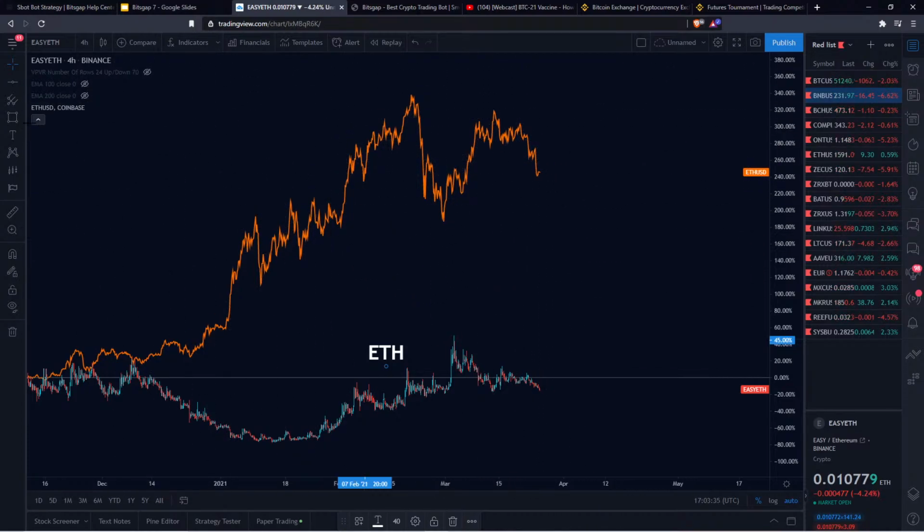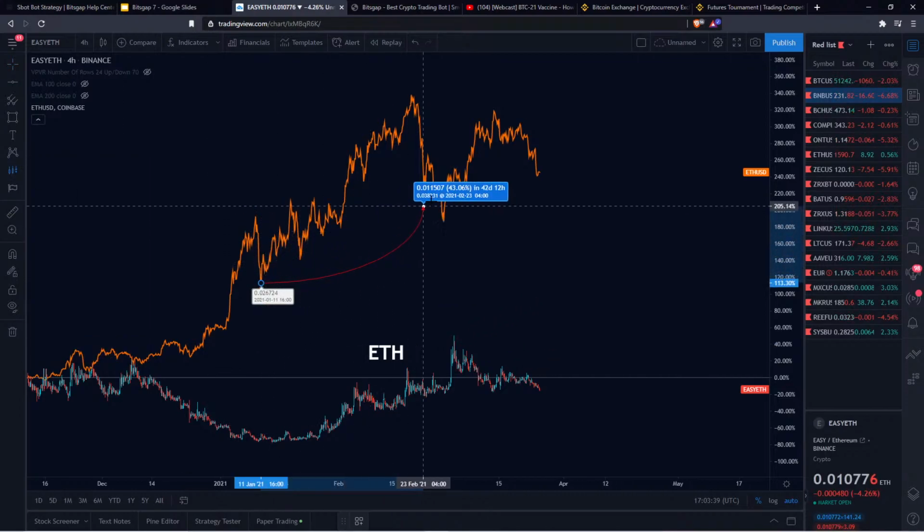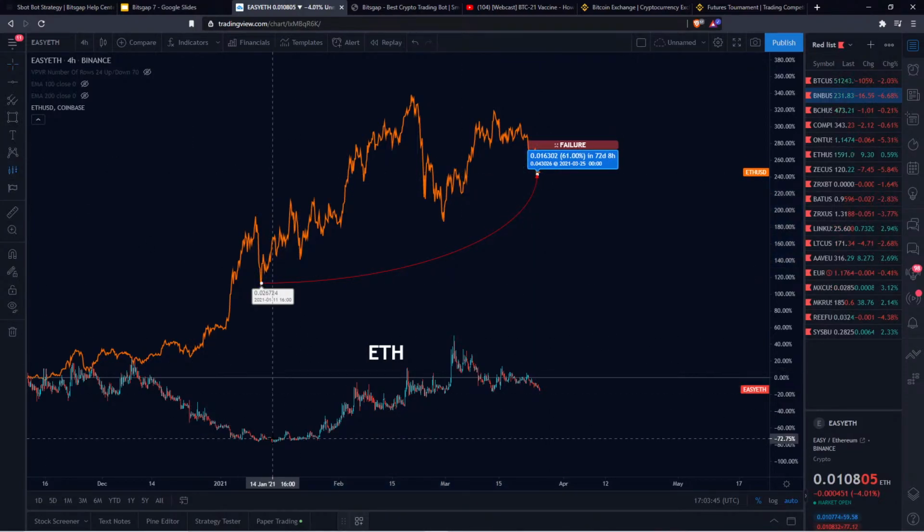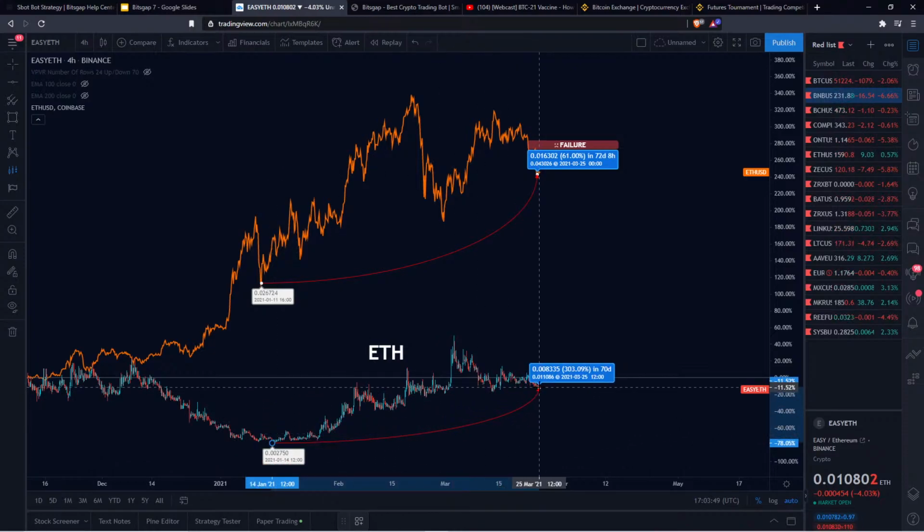So you see, I have the price of Ethereum relative to USD appreciating, and at the same time I have my bot active on EASY to Ethereum, which also appreciates. So that's the ultimate high yield strategy to literally make from $2,000 really $50,000 in just a matter of a few months.